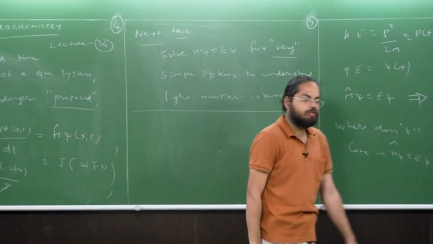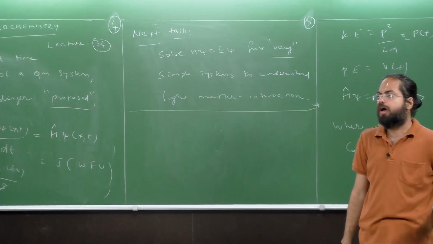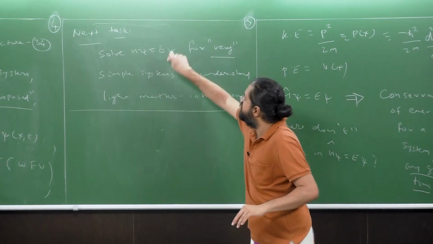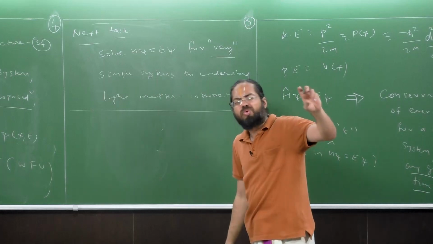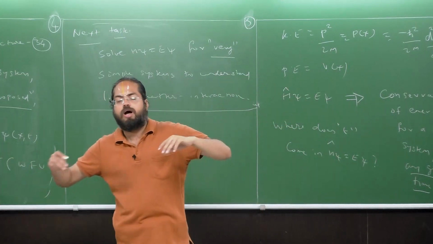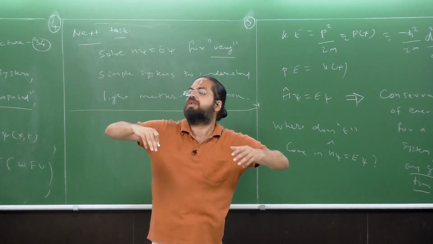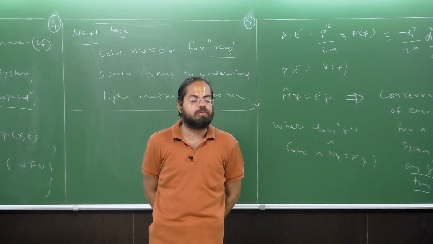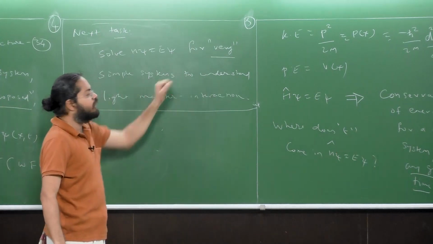To understand light matter interaction and some principles which are used in spectroscopy, we're going to solve this equation for just 2 very simple systems, and we're going to use the results obtained to generalize that to several other systems, which are useful in understanding spectroscopy and therefore light matter interaction.